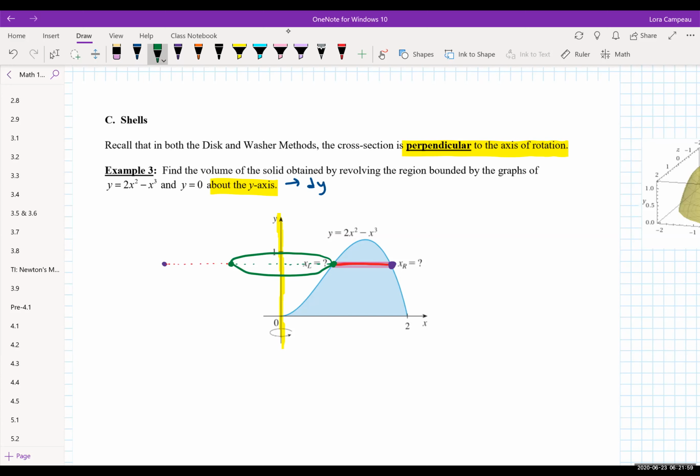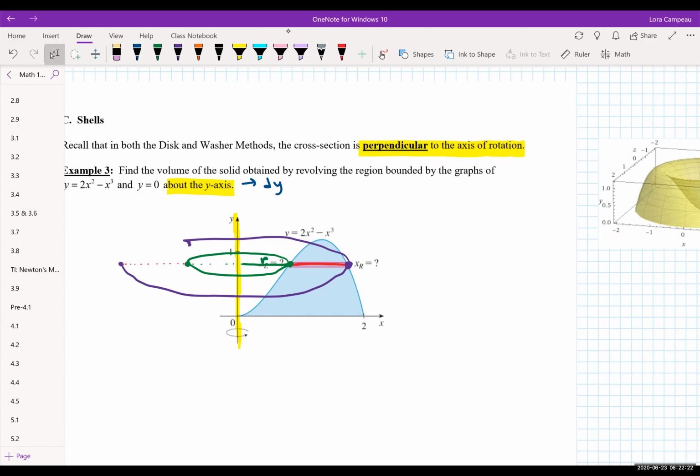What do we call this? This distance right here is lowercase r. See if I can write that in for you all. And then we can see it makes a bigger circle if we rotate the outer edge of this cross section around, the best that we can, a little shaky today.